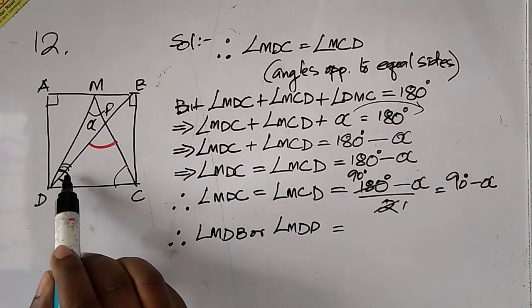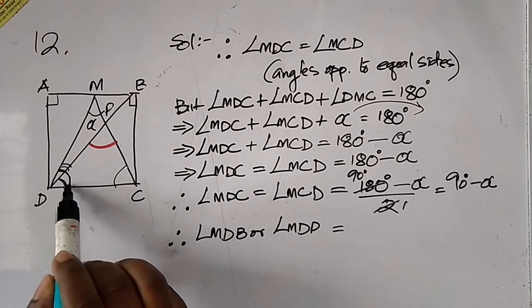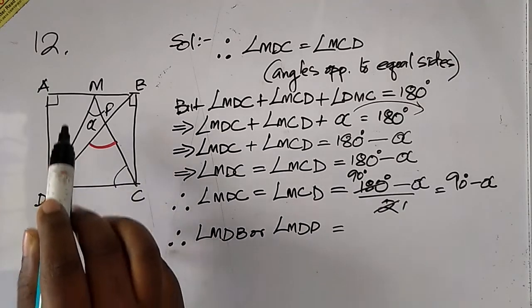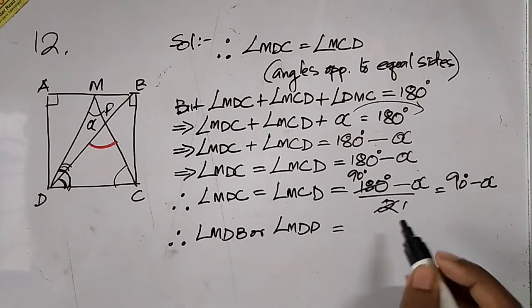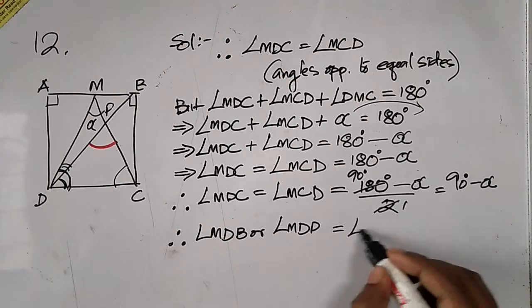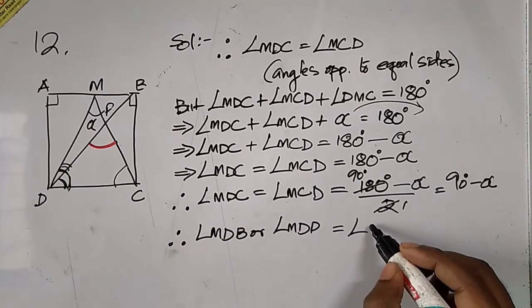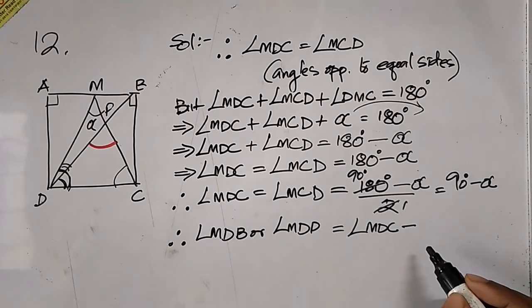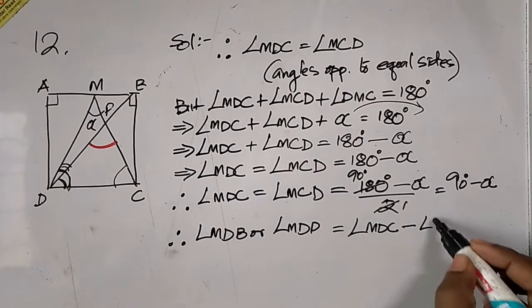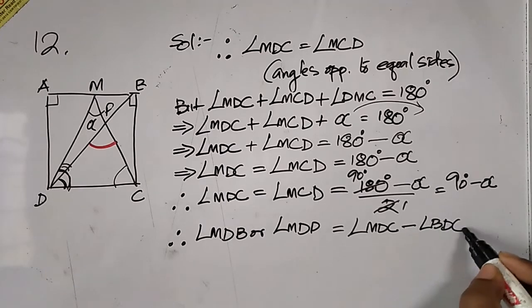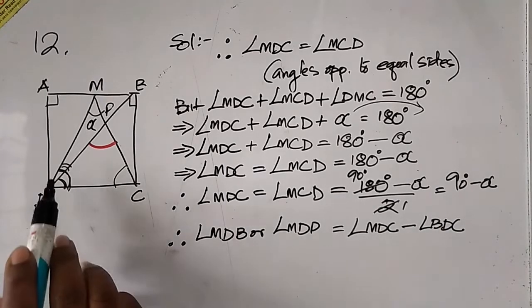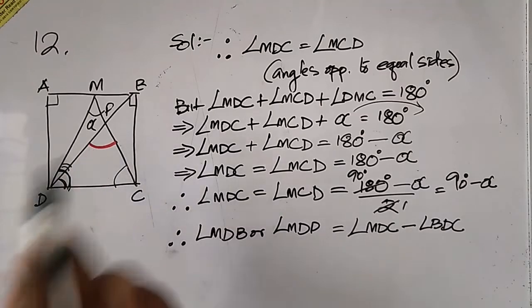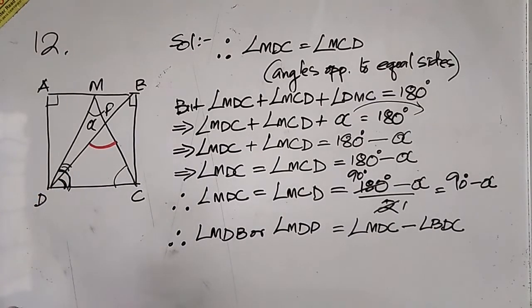If you subtract the smaller angle from the larger angle, we can get this angle MDB. So let us write it here. Angle MDC minus angle BDC, right? That is how we'll be getting this angle MDB or angle MDP.